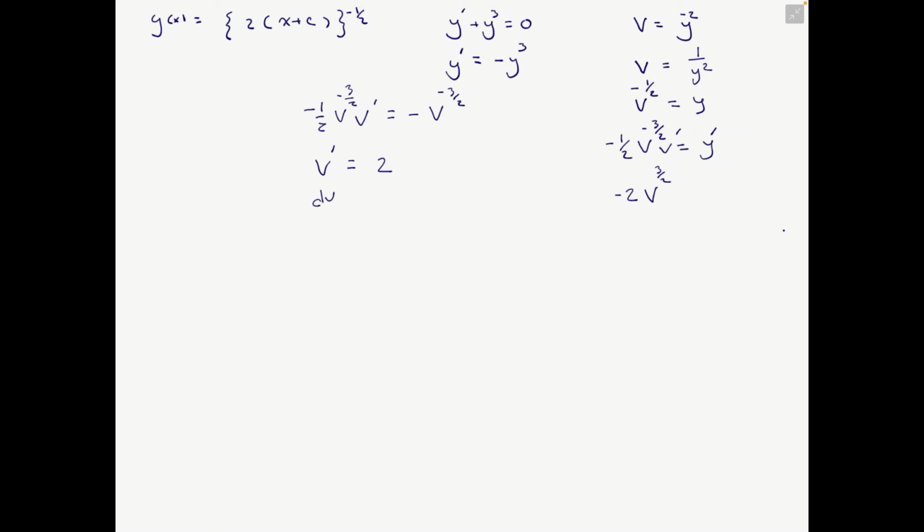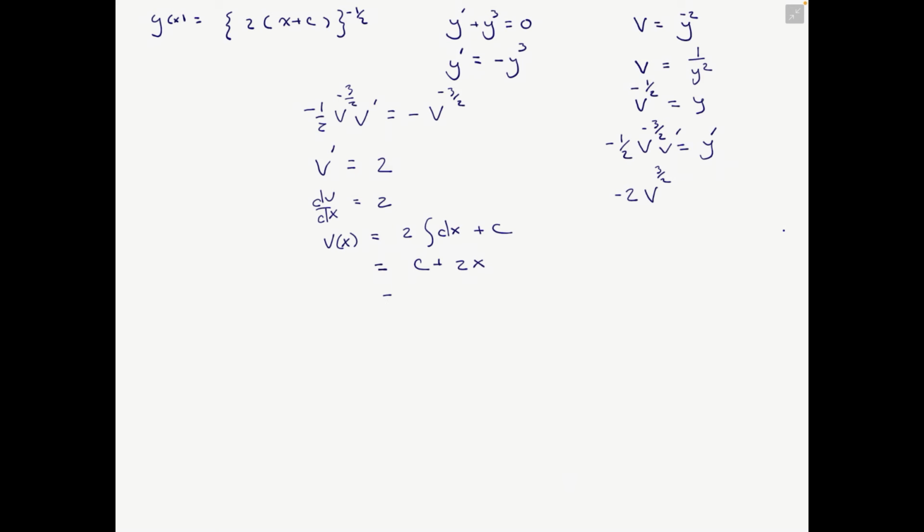So dv dx equals 2, and that means v of x is equal to the integral of 2 dx plus c, which is c plus 2x.